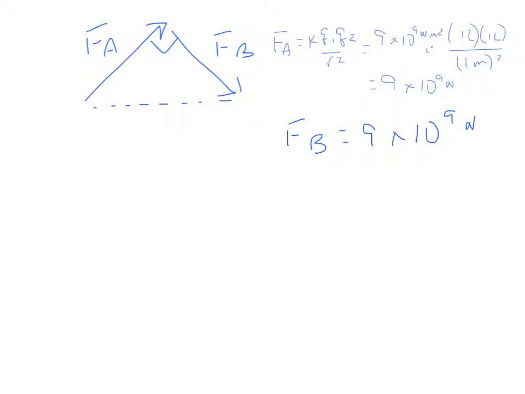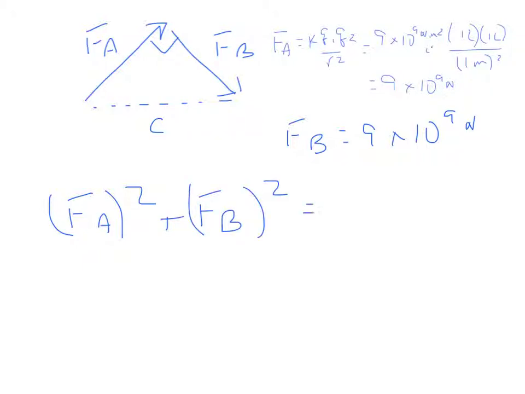We want to find the sides of it, excuse me. So we're trying to find this side. So we're simply going to say FA squared plus FB squared is equal to C squared. And C is the sum of the forces.